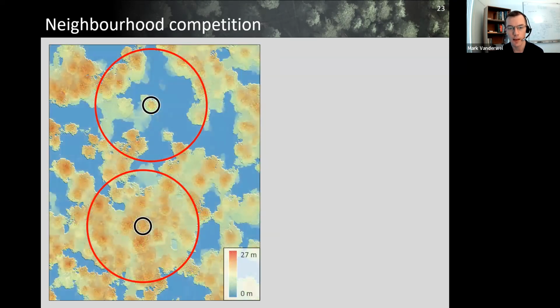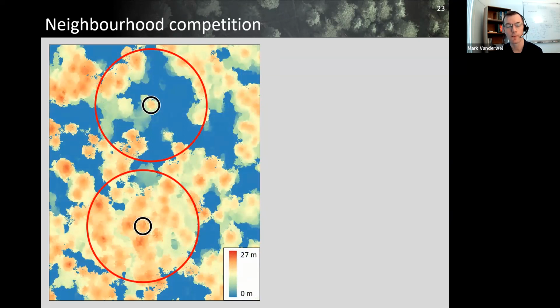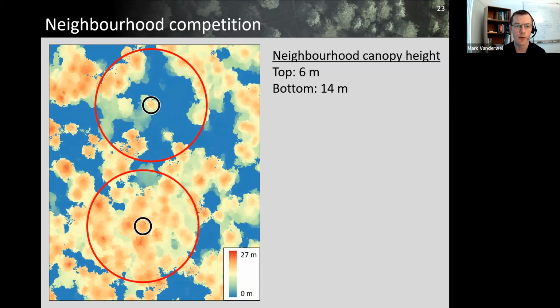We then used the canopy height model for each of our sites in order to calculate the average canopy height surrounding individual tree crowns. So for the tree on the top here, which is growing in the middle of a gap, its neighborhood canopy height would be about 6 meters, whereas for the tree at the bottom that's growing as part of a continuous canopy, it would have a neighborhood canopy height of about 14 meters.